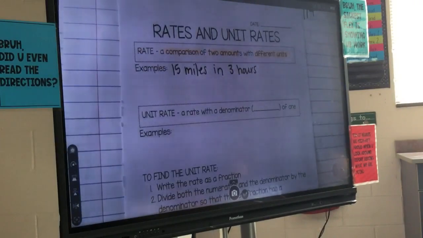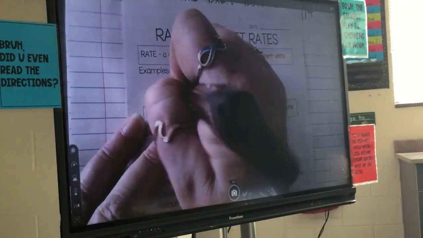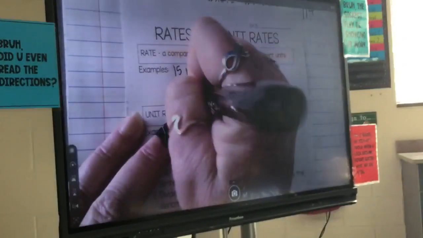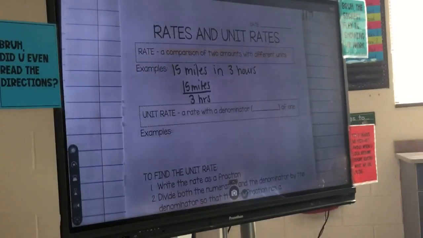So 15 miles in 3 hours. So that's our example. And then the way that you can write it is 15 miles to 3 hours. Now remember, we can use abbreviations when we're writing this stuff. You don't have to write out every single word, okay?